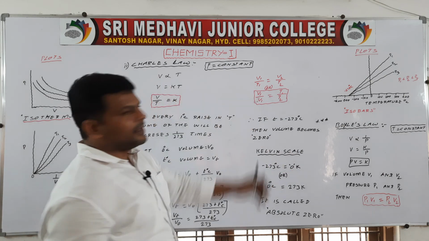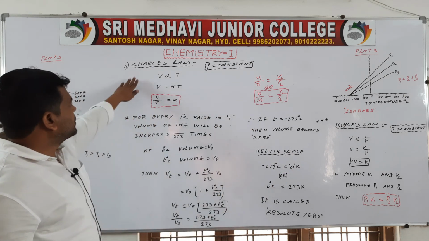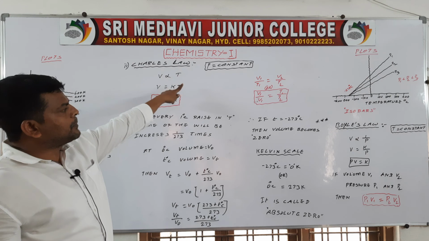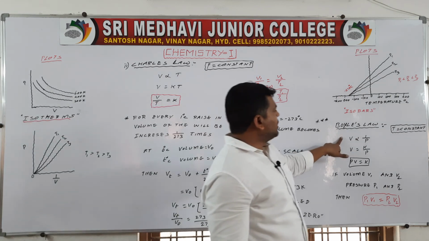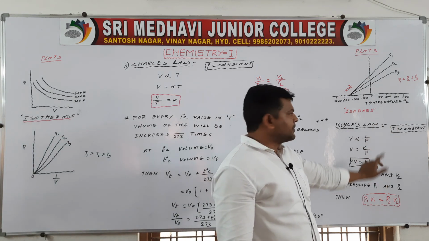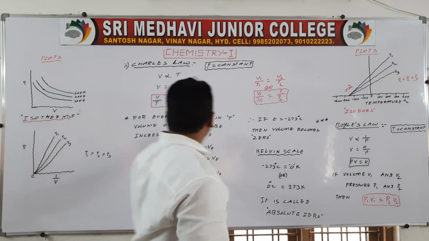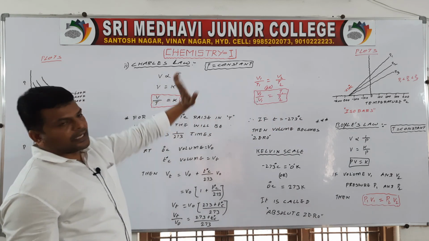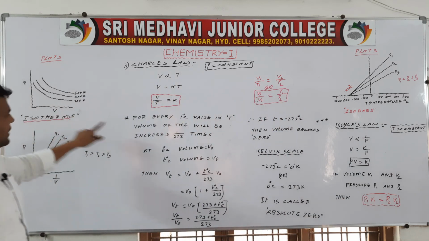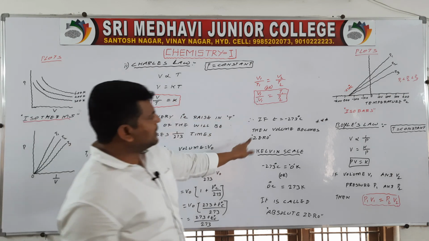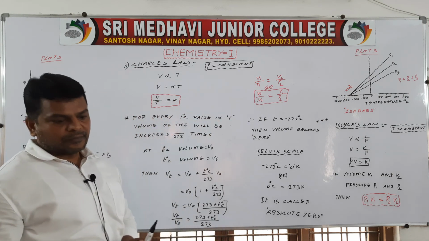This is briefly Charles' law. Charles' law means the volume is directly proportional to temperature. In Boyle's law, volume is inversely proportional to pressure. In Boyle's law temperature is constant, in Charles' law pressure is constant. This is the graph for Boyle's law, that is the graph for Charles' law.